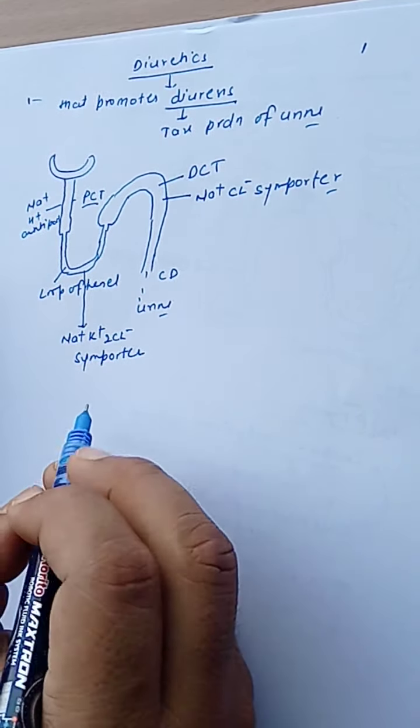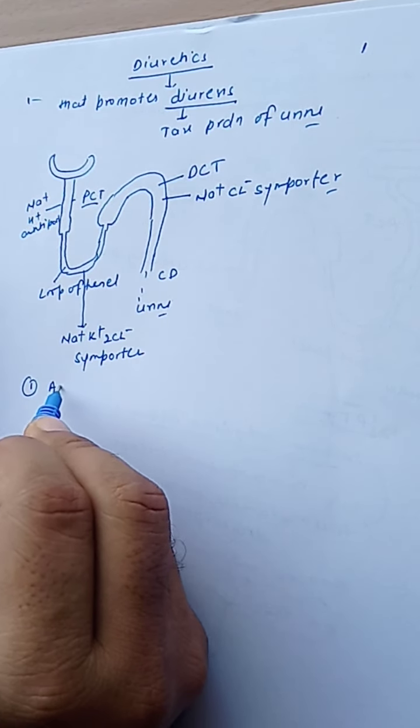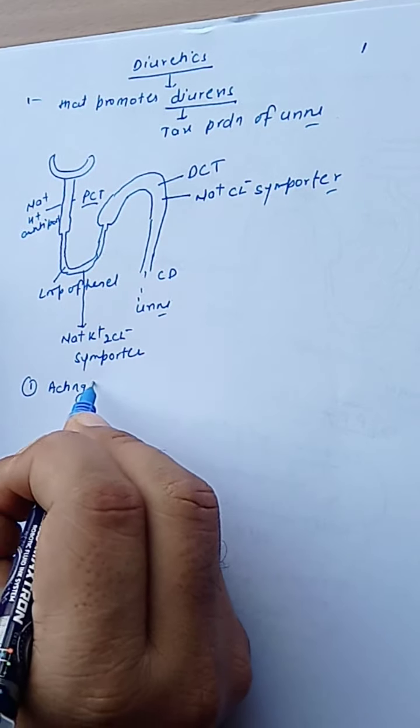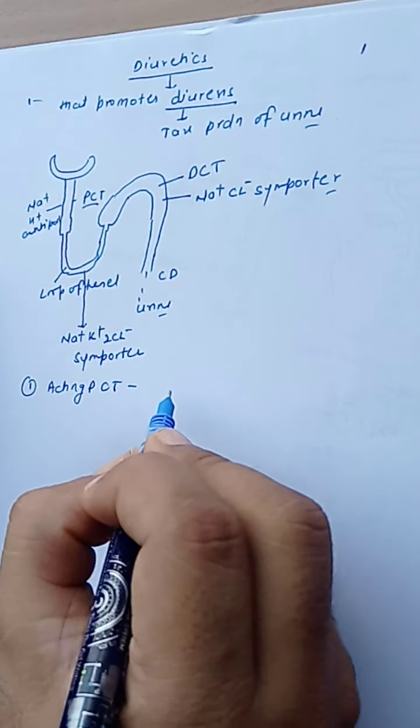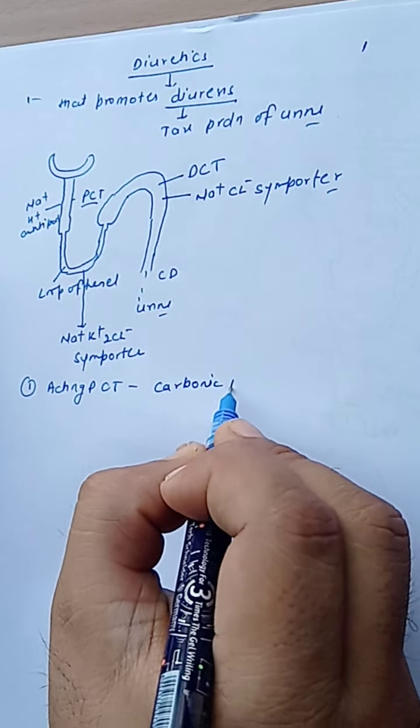So based on their site of action, the drugs acting on the PCT, the proximal convoluted tubule, are carbonic anhydrase inhibitors.